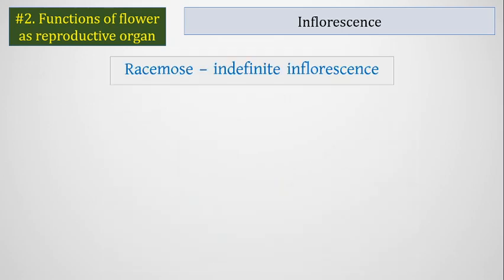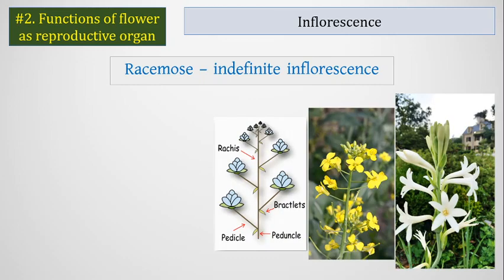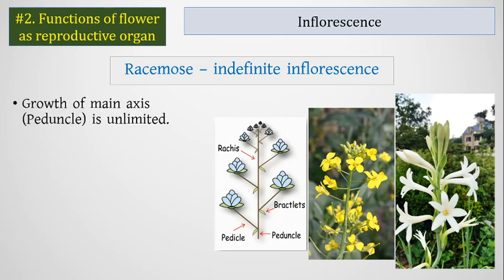So at first, the racemose inflorescence, that is called indefinite. At first we see the examples. Mustard and tuberose, these two flowers are examples of racemose. And why is that called indefinite? Because the growth of the main axis, that is the peduncle, meaning the flower stalk, is unlimited.